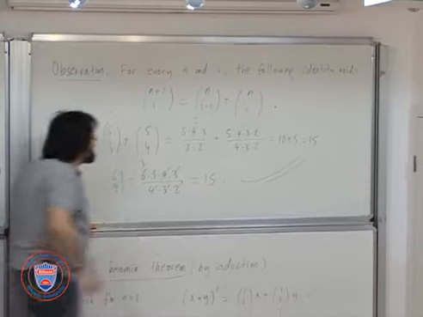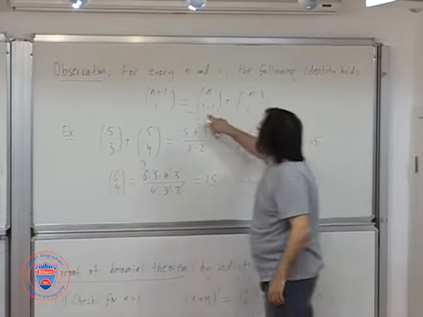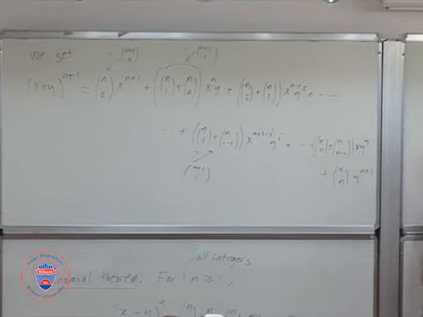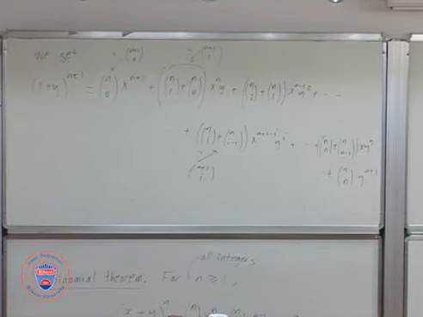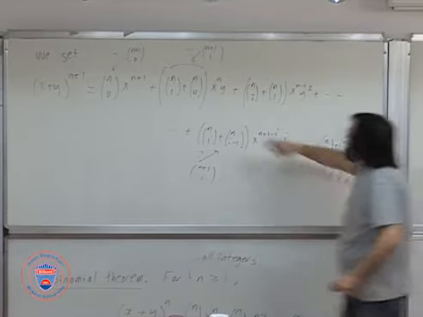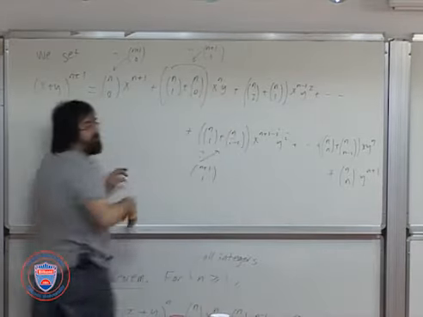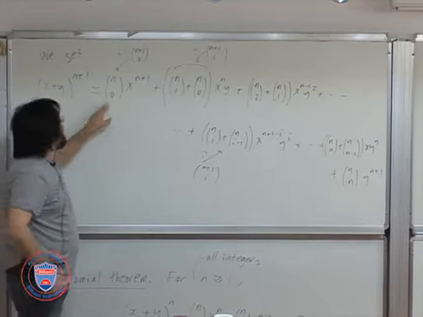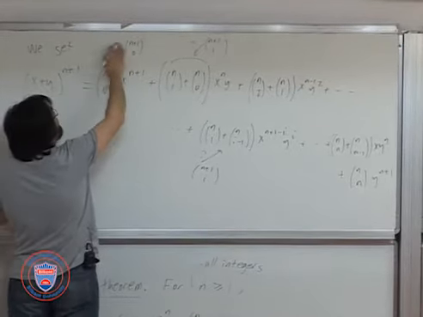We said that n choose i plus n choose i minus 1 is n plus 1 choose i. So this is exactly what we have. And for the same reason, this will be n plus 1 choose 1. This looks a little funny, but this is true because they're both 1.